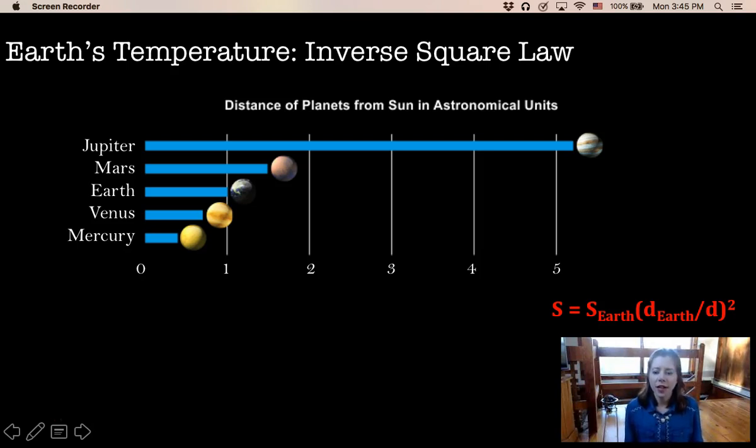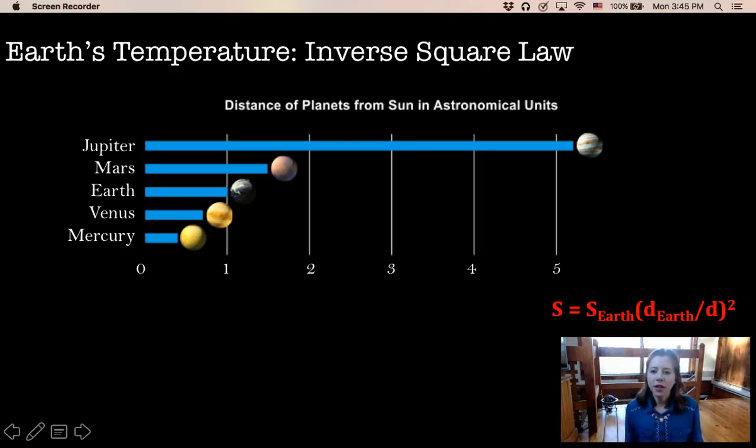And this varies, and we'll discuss how and why this varies a little later in the course when we get into orbital scale impacts on climate. But for right now, it's about 1360 watts per meter squared. So then D represents the Sun-Earth distance. The D subscript Earth is for Earth, so that would be 1 astronomical unit.